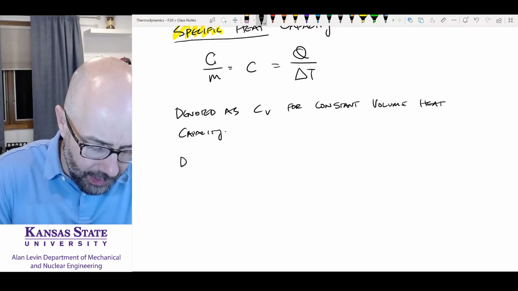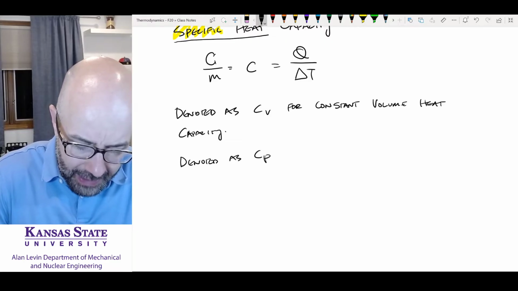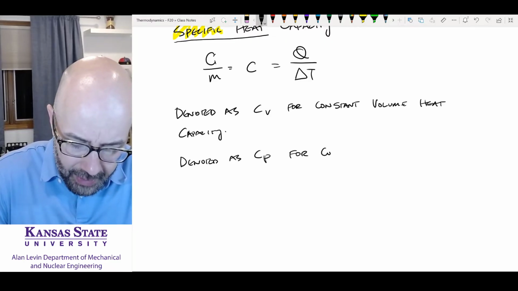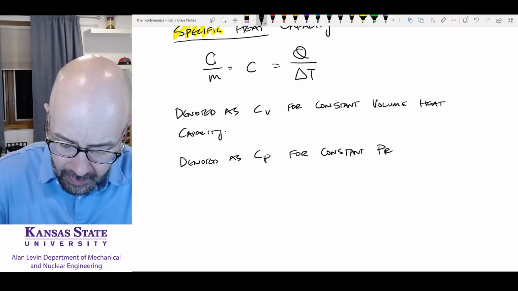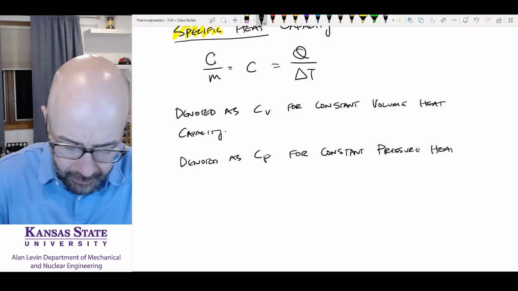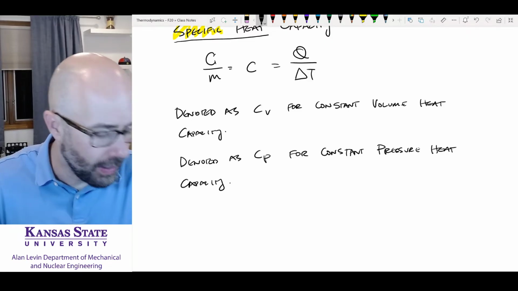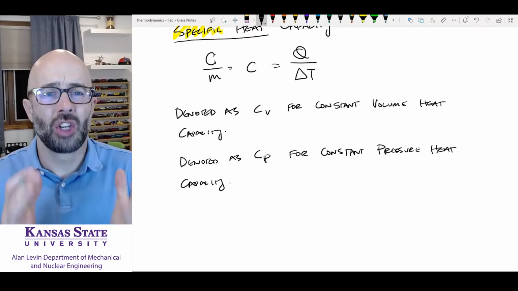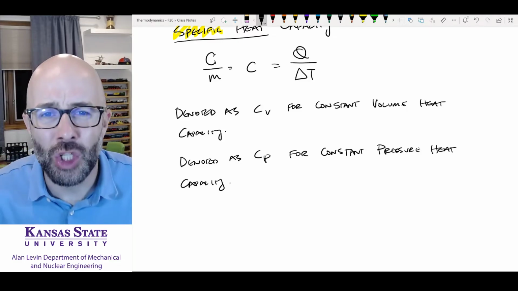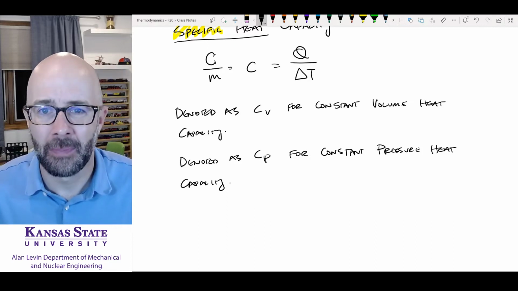And it's denoted as C sub P for constant pressure heat capacity. Okay, now I want to talk to you about which one of these is larger and why. So we have to do a thought experiment here.